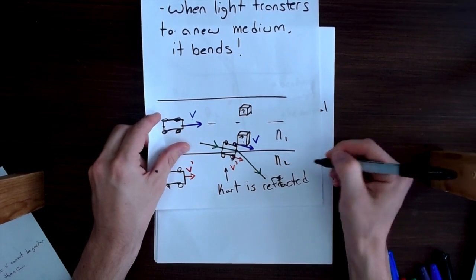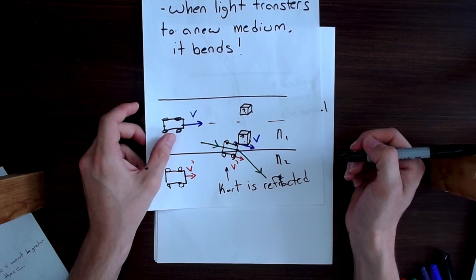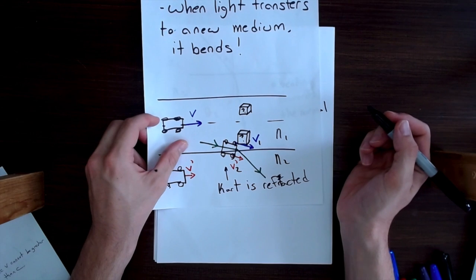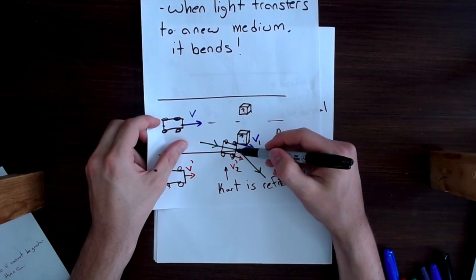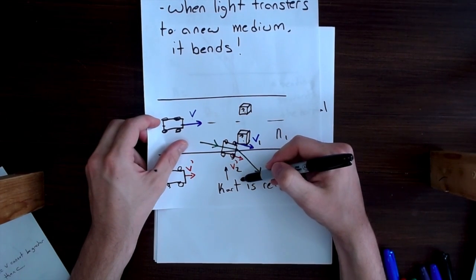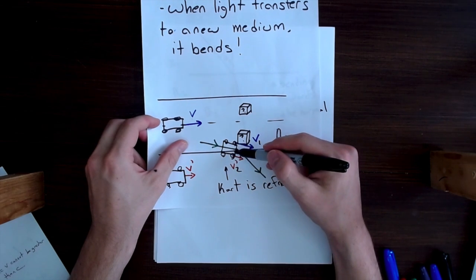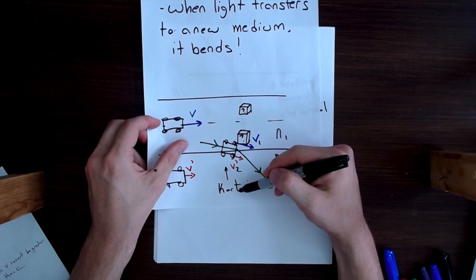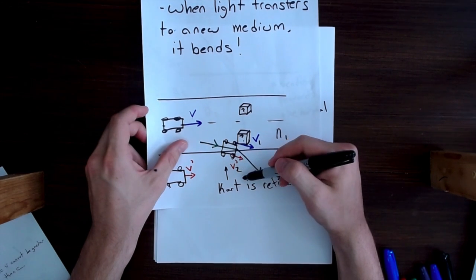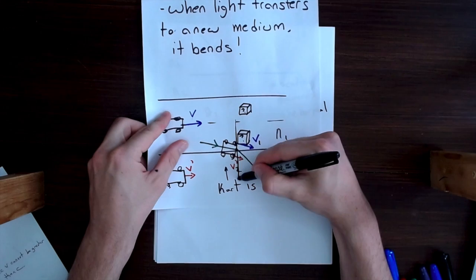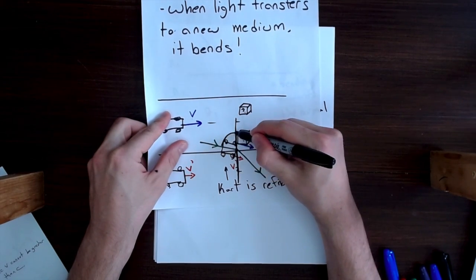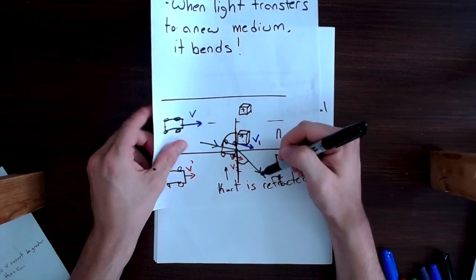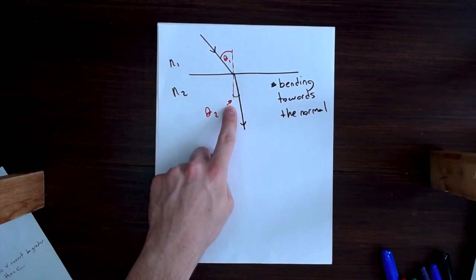And this is like N2. And this is like V1, and this is really, I put V prime, but we can call it V2. Well, isn't this bending towards the normal? So when the incident cart reaches the new slower medium, it bends towards the normal line, because here's my normal line, right? Isn't my angle getting smaller from here to here?